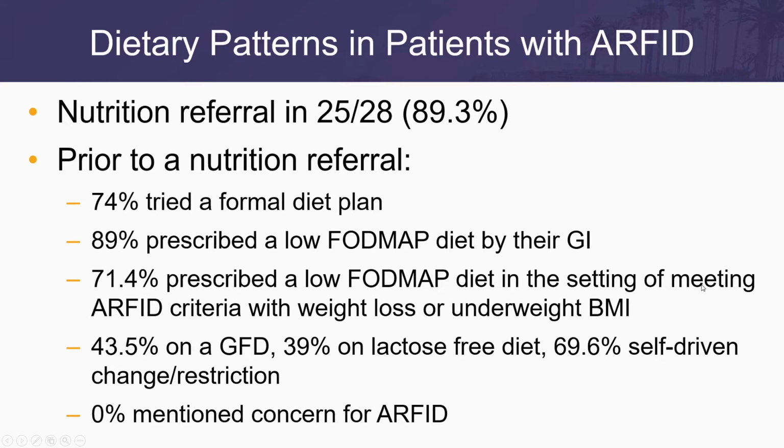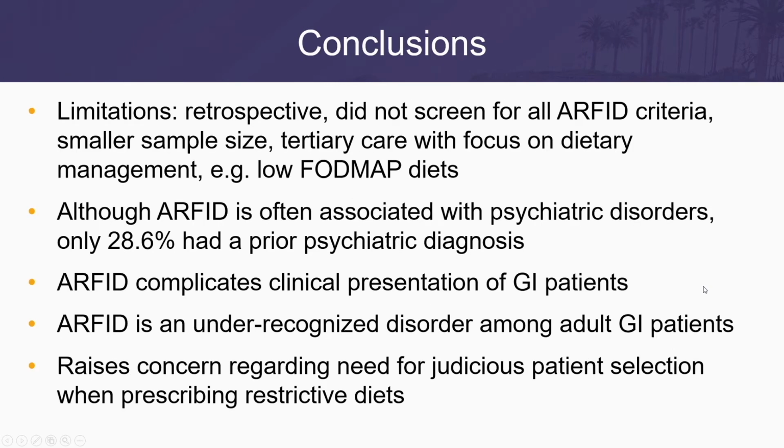But prior to nutrition referral, 74% of them tried a formal diet plan. 89% were prescribed a low FODMAP diet by their GI. 71% were prescribed a low FODMAP diet even though they met the ARFID criteria and they had weight loss. 43% were on a gluten-free diet, 39% on a lactose-free diet, and almost 70% were self-driven change or restriction. They imposed it themselves. And in none of these patients was ARFID ever mentioned in their medical records.